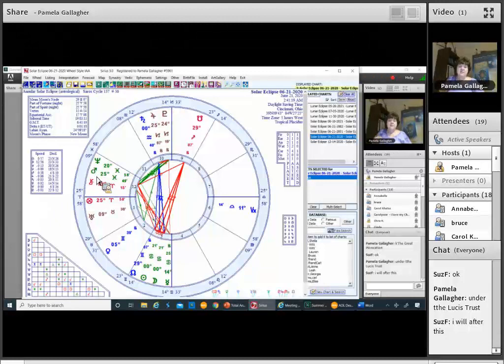Now, on the 30th, Mars will go into Aries. Mars rules Aries, so from now until next January, Mars will be in its own sign, which is very unusual because Mars is usually only there 2 months. That's a 2-year orbit with 12 signs, so it goes to a sign every 2 months, except it's retrograding. Starting July 1 all the way through January, Mars is going to be retrograding back and forth in Aries.